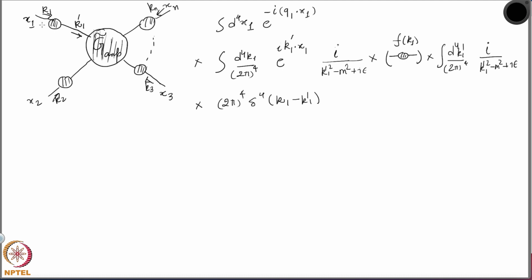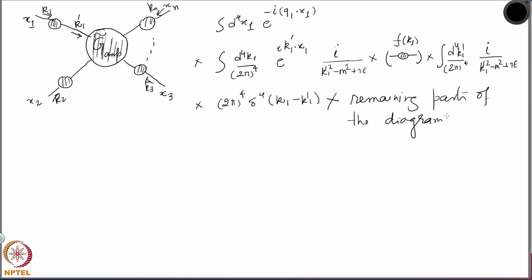Once you have integrated out all the other delta functions arising from the vertices inside this blob, you will end up with only one delta function, k1 minus k1 prime, and then times all the remaining parts of this diagram.